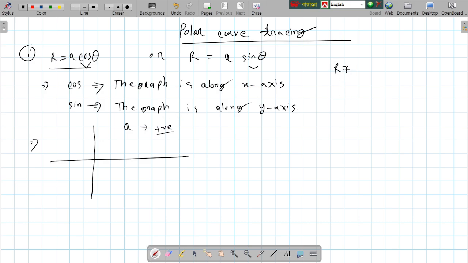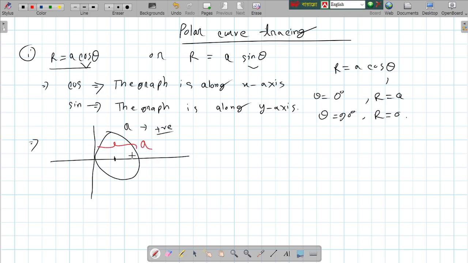If theta is 0 degree, r equal a. If theta is 90 degree, r equal 0.